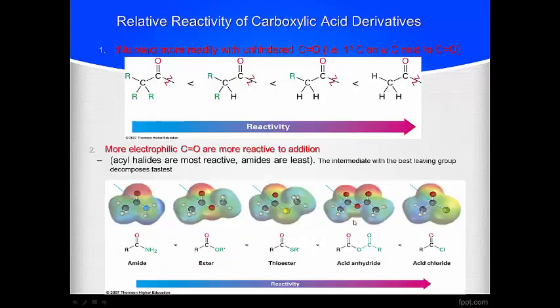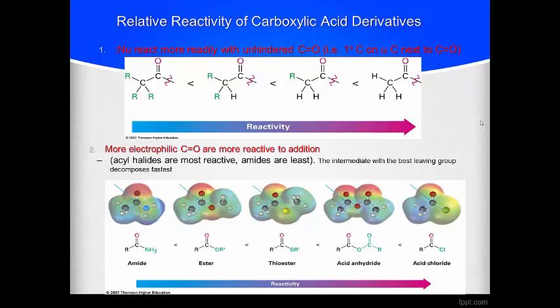Another thing that can influence the reactivity is the carbonyl. The more hindered the carbonyl, the less likely it is to react, because it can't have that nucleophile come in.